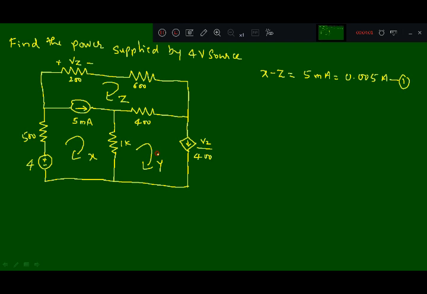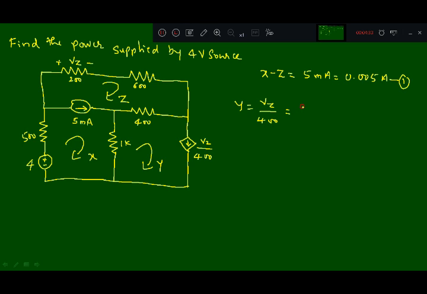Okay, you can call this equation number 1. Then we have one more current source, that is a voltage dependent current source. Here we have VZ. The current Y, from previous classes you know, is VZ upon 400. What is VZ?